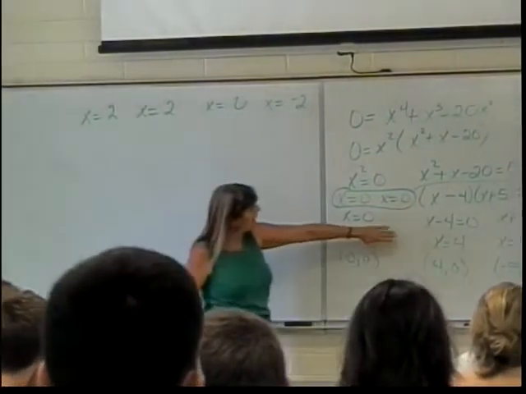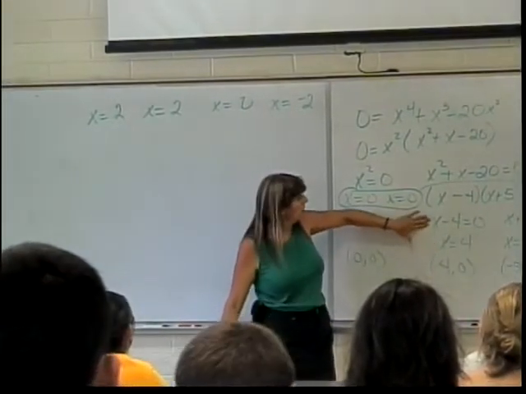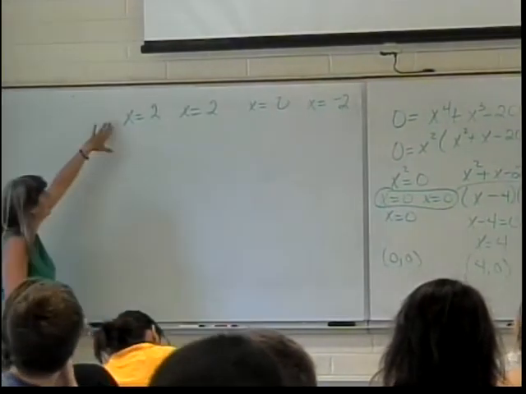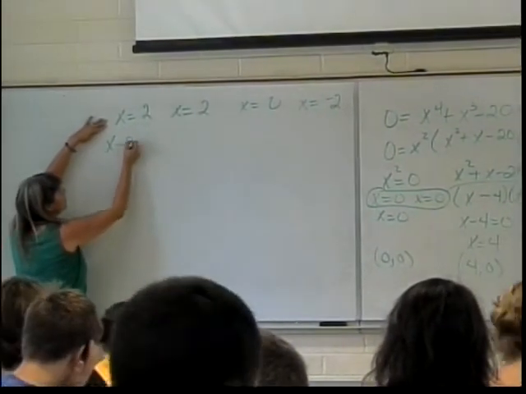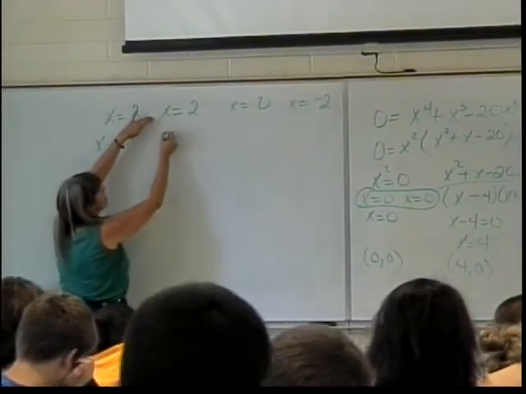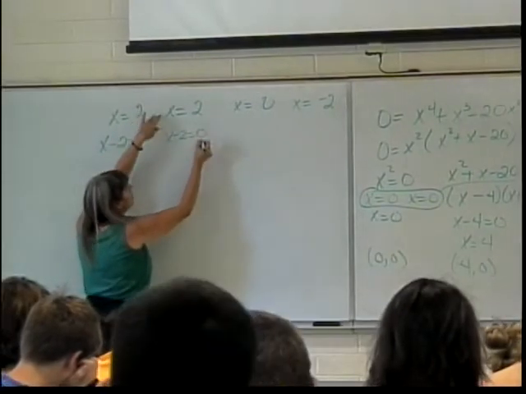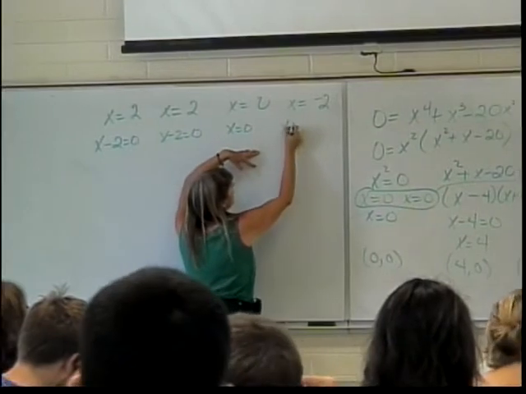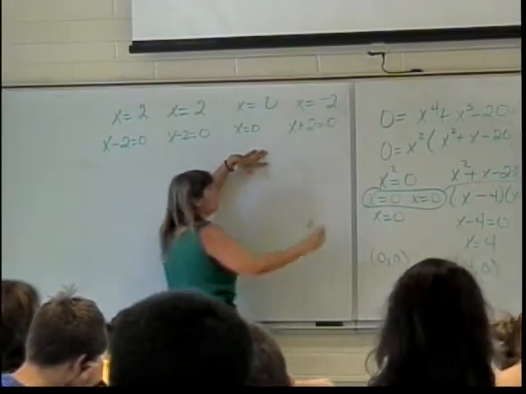Well, if we look here, we had x equals 4. The step right before that had x minus 4 equals 0. So I move it over to the other side. Here I'll have x minus 2 equals 0. Here I'll have x minus 2 equals 0. Here, that's already x equals 0. And this will be x plus 2 equals 0.